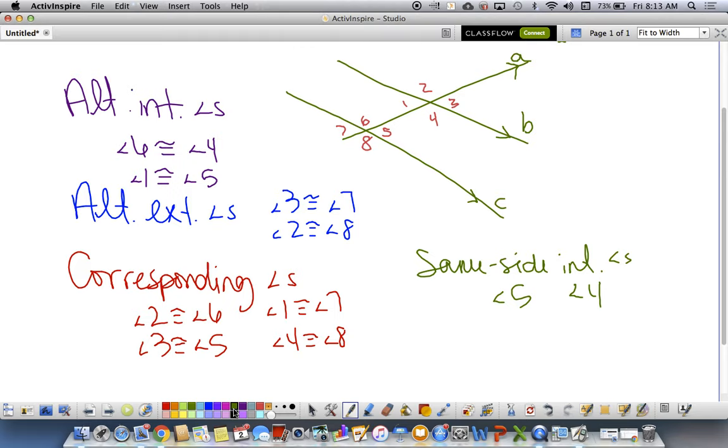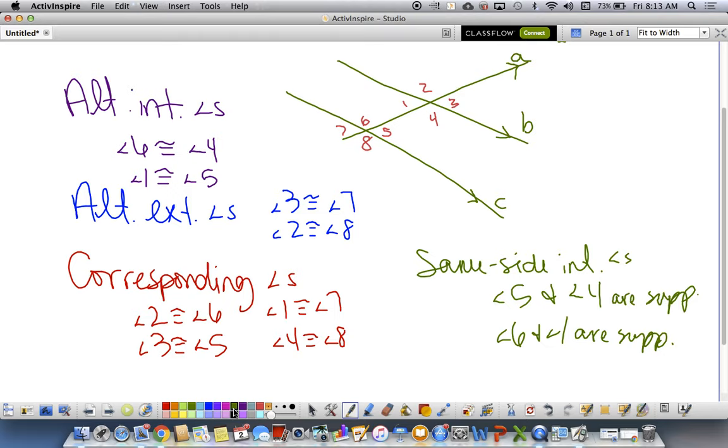That's the only one, if the lines are parallel, that is supplementary. So I'm not putting a congruent sign in there. Is there another one? 6 and 1 are supplementary. We've proved all of this in geometry. We're going to just take it. We're going to move on.